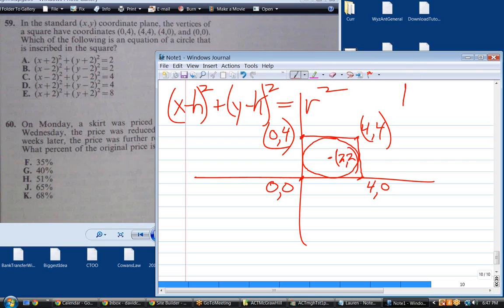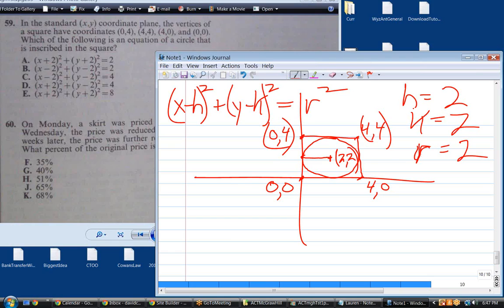So, h is what? 2. K is what? 2. What is my radius of the circle? What's the distance from here to here? 4. What's the coordinates of that point? 2 and 2. So how far is it from the y-axis to the x-coordinate? 2. So my radius is 2.